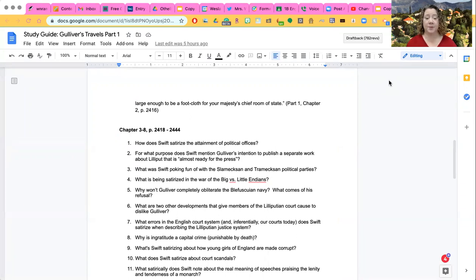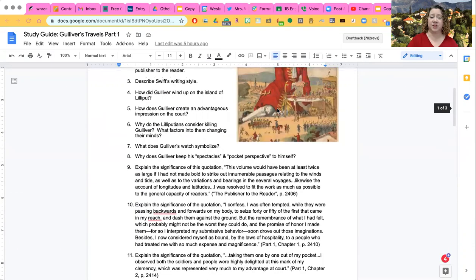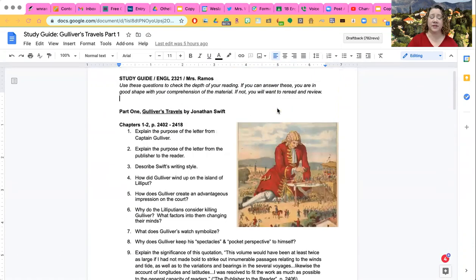But I think that the main thing to remember about this section that we read of Gulliver's Travels is that it's a satire. Sometimes it's easy to get caught up in the idea that it's a fun story, and it is fun to read. It's a narrative. The guy's in a sort of fantasy, strange environment, and it talks about the ups and downs of his experiences with the Lilliputians and their neighbors.